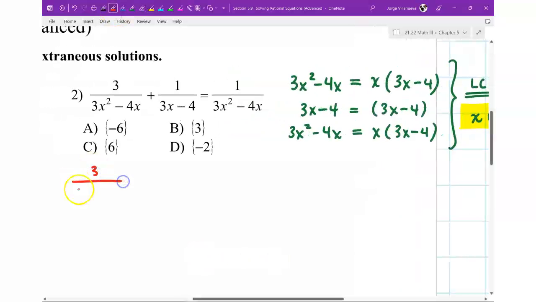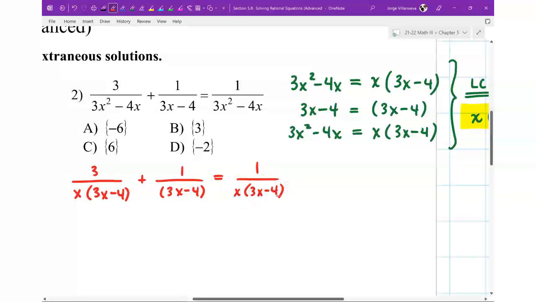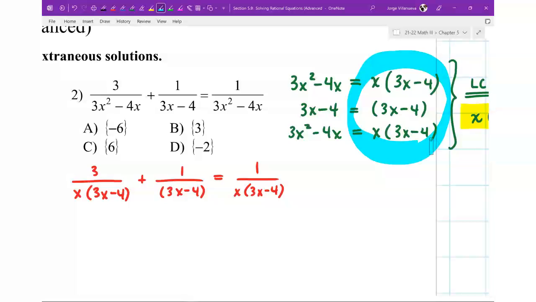So, 3 over x times 3x minus 4, plus 1 over 3x minus 4, equals 1 over x times 3x minus 4. Now, if you're wondering where I got that information, it's from the factors right here. Remember, we factored them. So that's where I got how they look when factored.